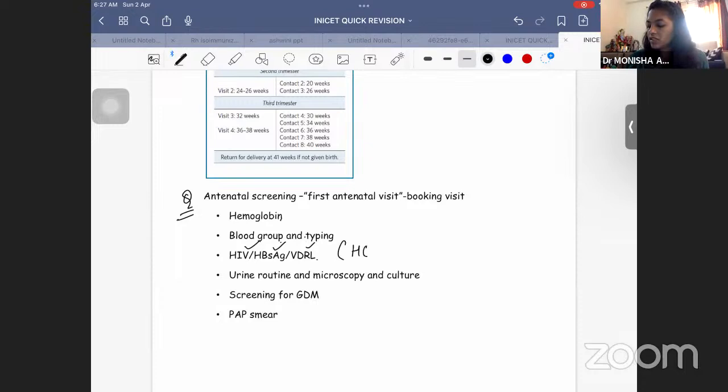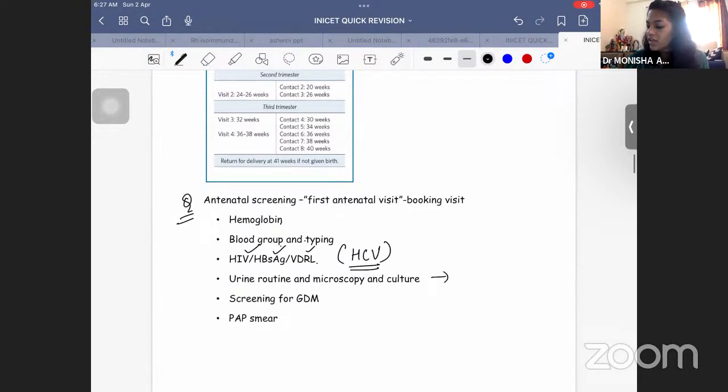In some hospitals they do HCV also, but it is not routinely done. Urine routine and microscopy and culture is a must investigation to be done at your first visit according to ACOG 2017. So definitely urine routine and microscopy should be advised at the first booking visit.